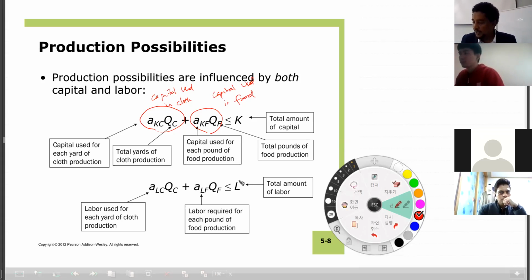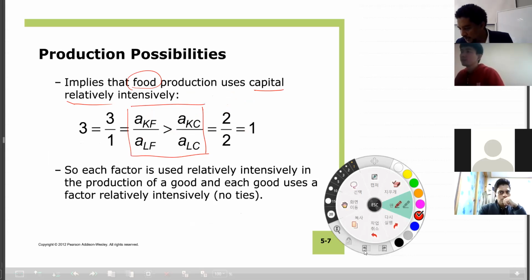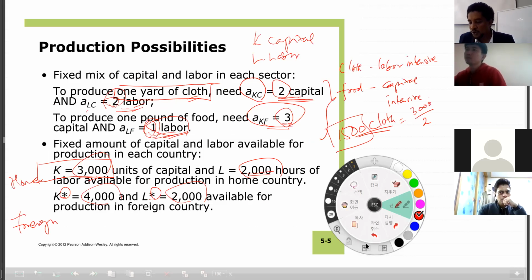As I've said, there is a total capital that is given, right? So in the example here, it says that the total capital we have at home is 3,000 units of capital and 2,000 hours of labor available, and this is for foreign.